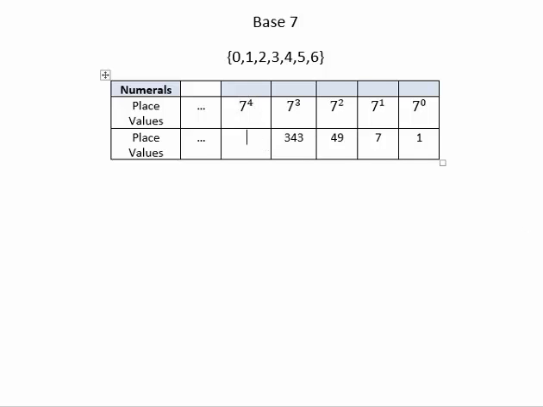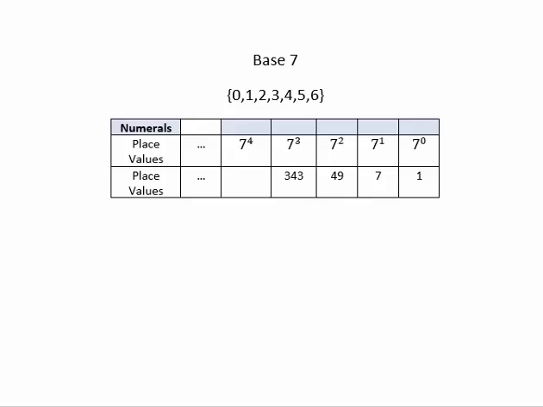Now the next place value is 7 times larger than 343, or 7 to the fourth power, which is 7 times 7 times 7 times 7, which is 2401.